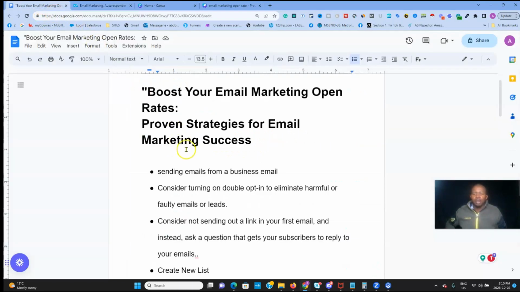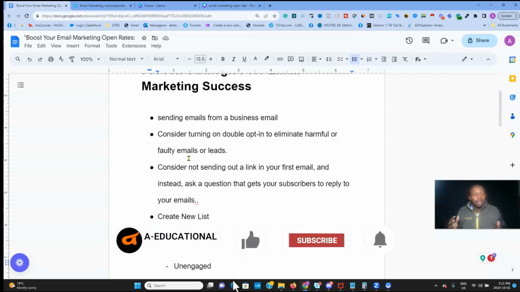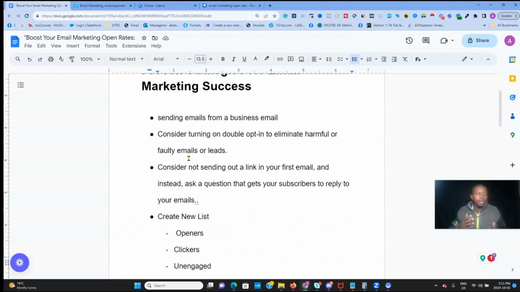Okay, let's continue here. It's also good practice to activate the double opt-in feature of your autoresponder. So what does double opt-in mean? Double opt-in means whenever you send an email, on the other side, the person receiving the email needs to confirm that he wants to be in your list, right?